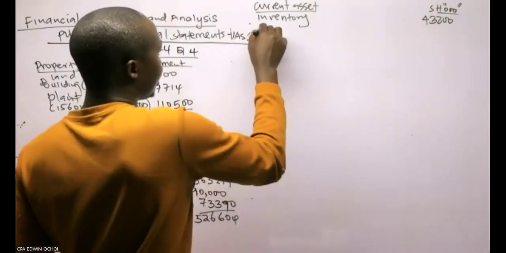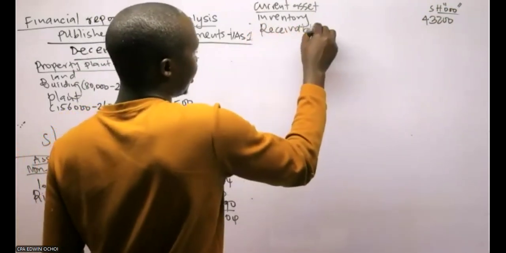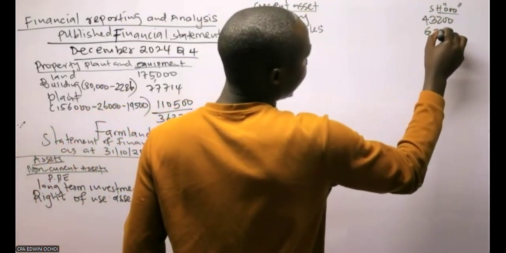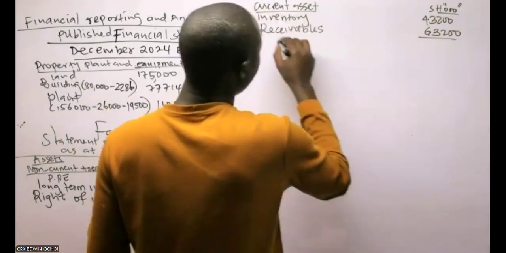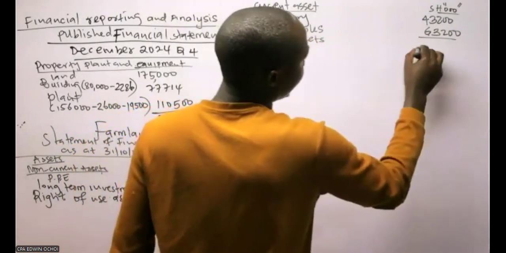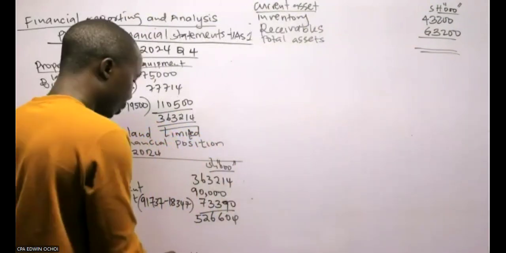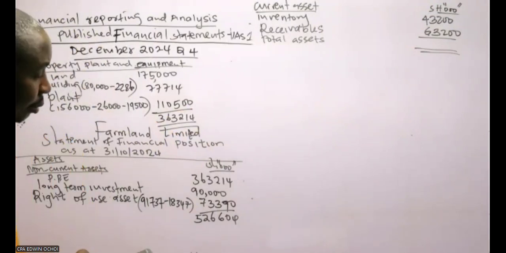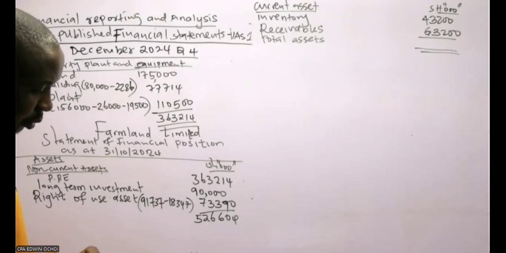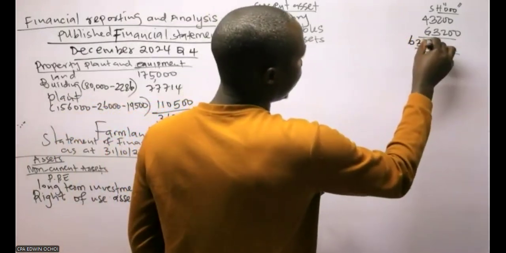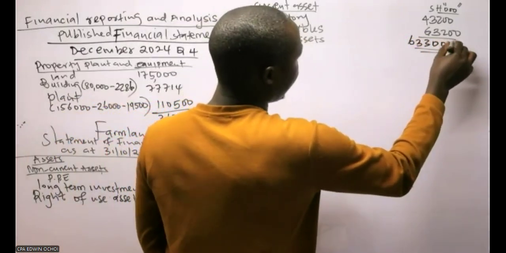Then we have receivables, debtors, from the trial balance. The receivable is 63,200. So up to that point, we have total assets, which is 633,004.